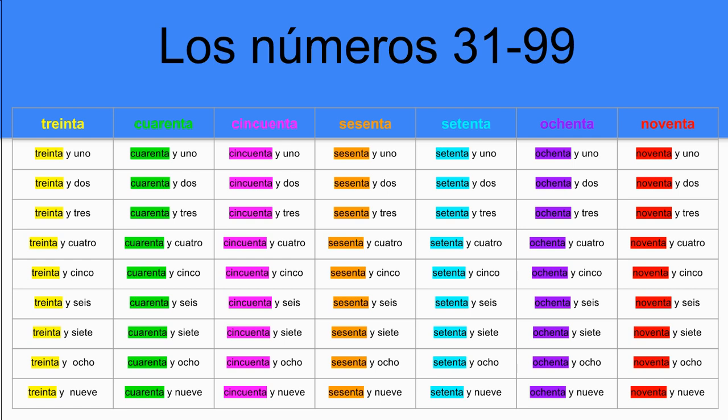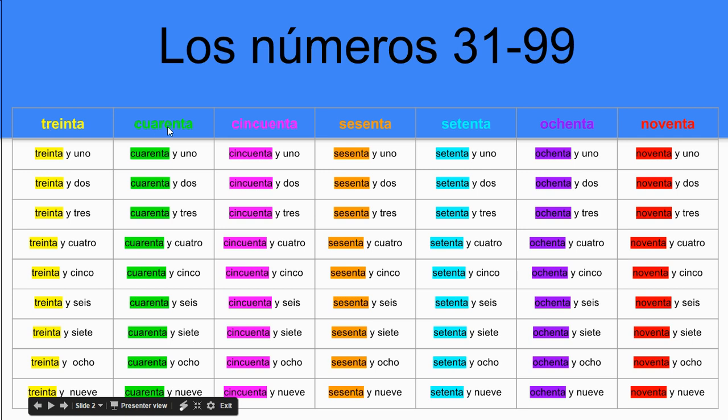While 60 and 70 are exactly the same spelling, except we have an S for seis, because seis is S-E-I-S, seis with an S, siete has a T in it for 7, 70. 81, 82, 90. And so the pattern is very, very simple.